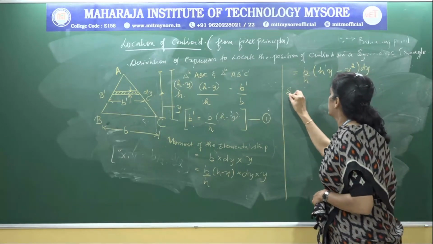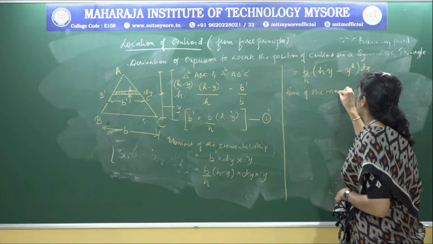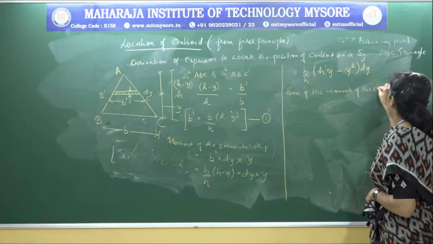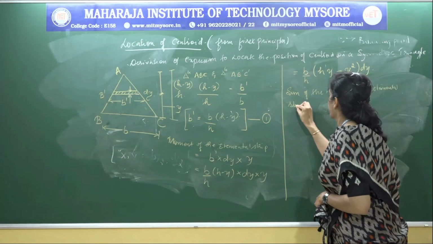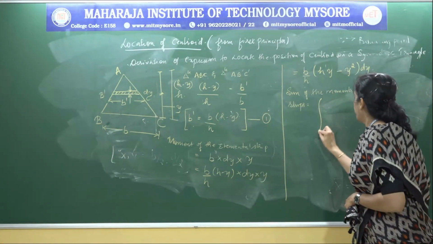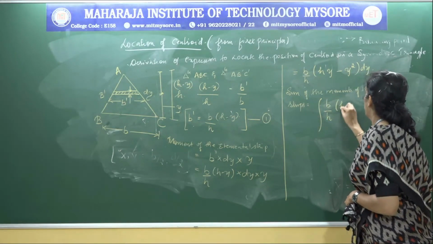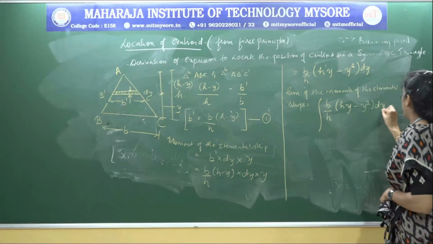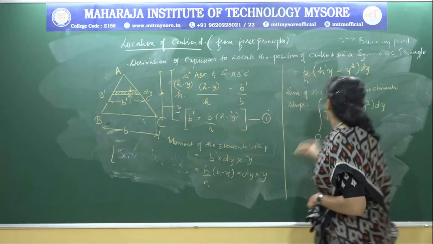So next is sum of the moments of the elemental strips is equal to integral of b by h into hy minus y square dy, from 0 to h.